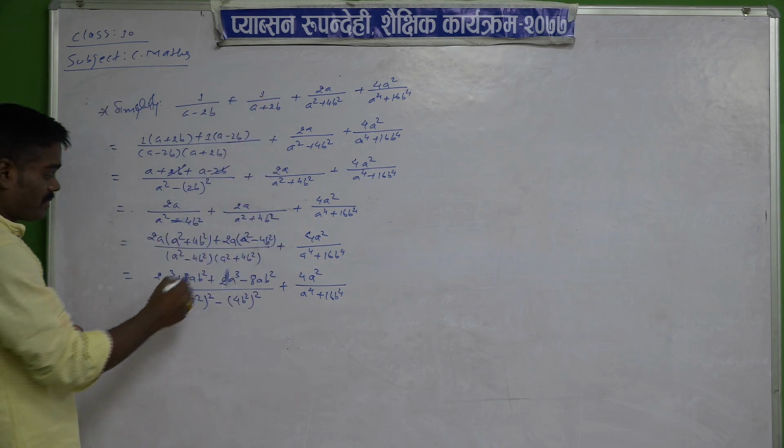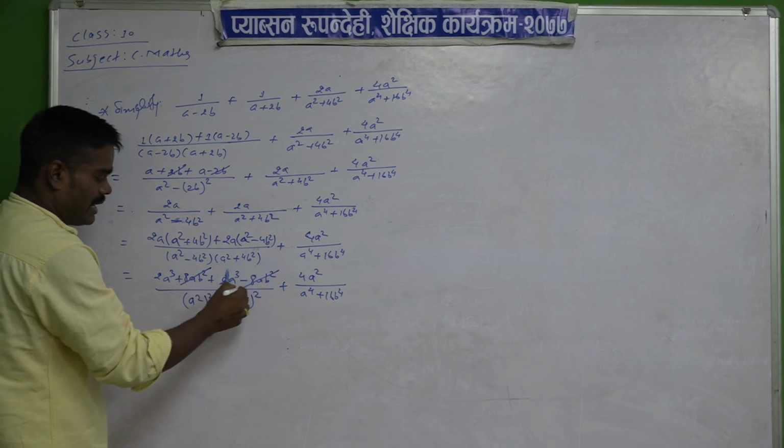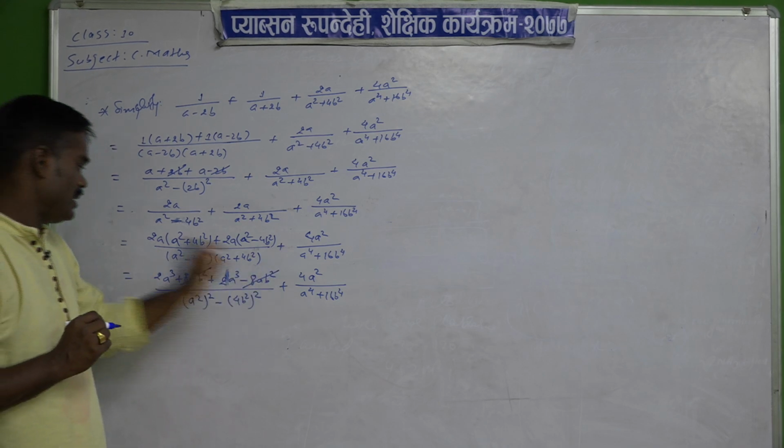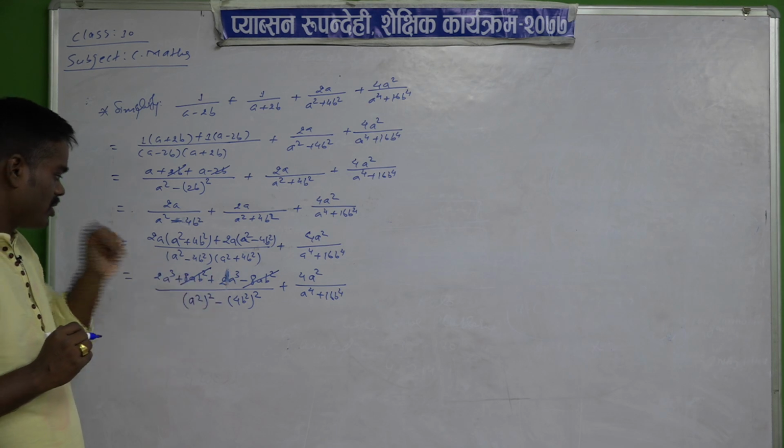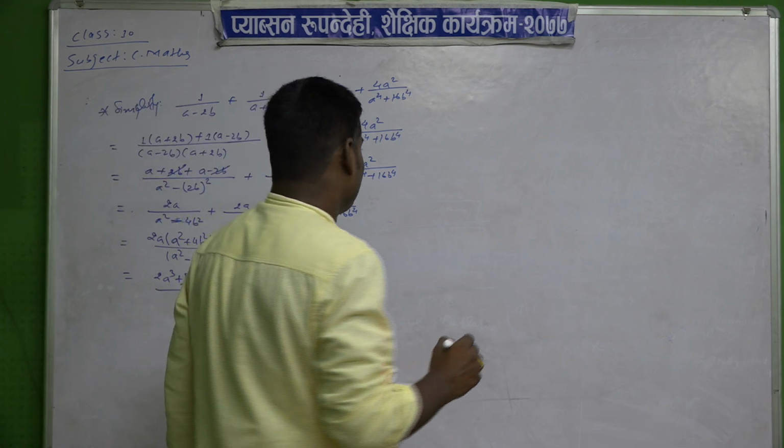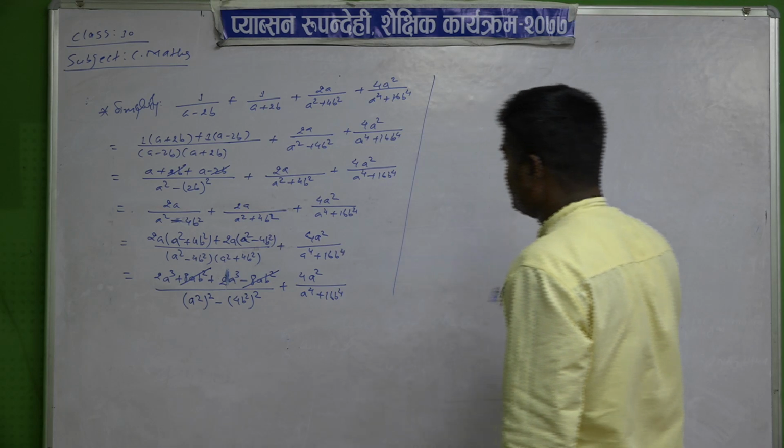Then see here, being plus and minus we can cancel them. So 2a cube plus 2a cube means what? 4a cube.